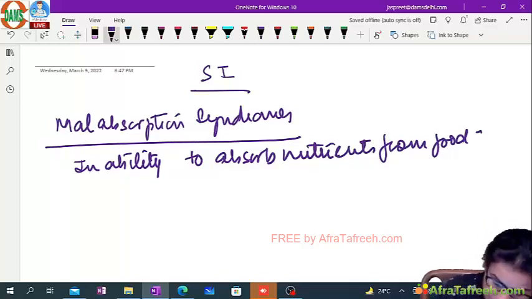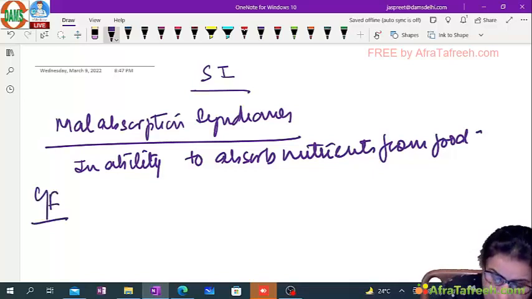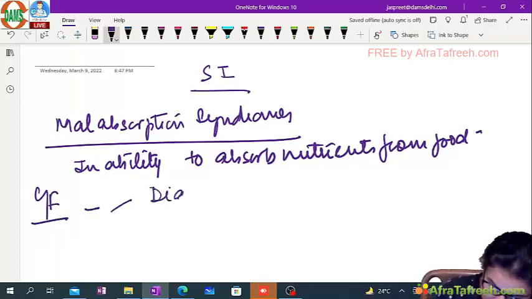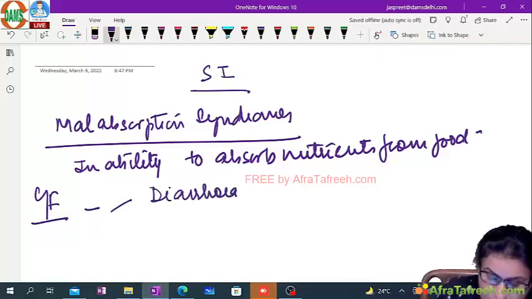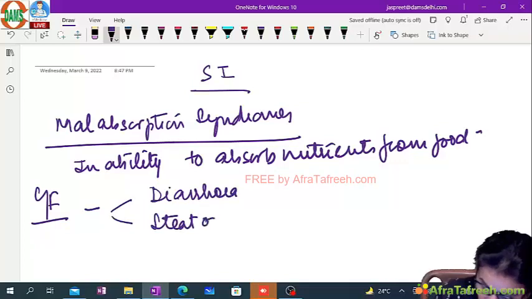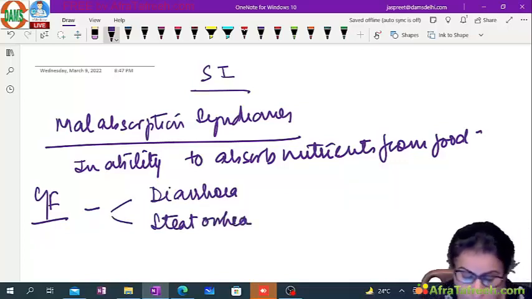What does malabsorption cause? Clinical features: malabsorption can cause diarrhea. The patient will have diarrhea and steatorrhea. I hope your answer is clear to you, Adesh.